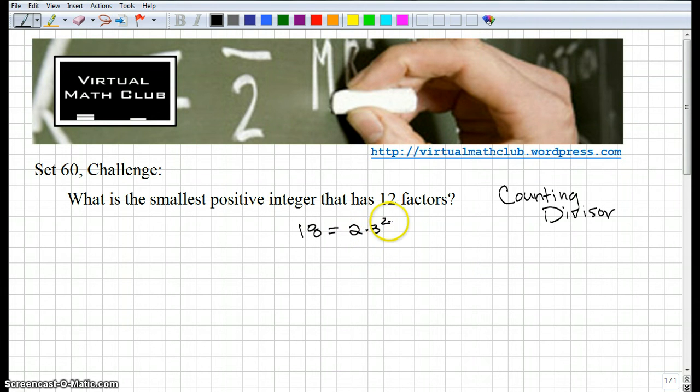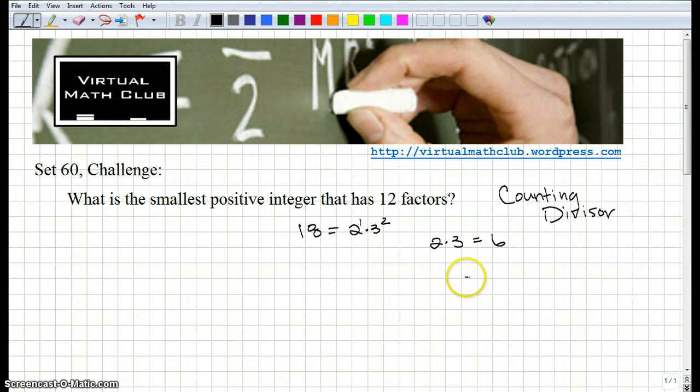Then we look at the exponents on the prime factors and add 1 to them. This is essentially 2 to the 1, so 1 plus 1 is 2, and 2 plus 1 is 3. So we have 6 factors of 18.